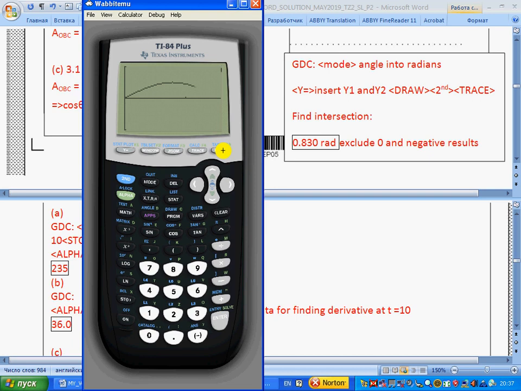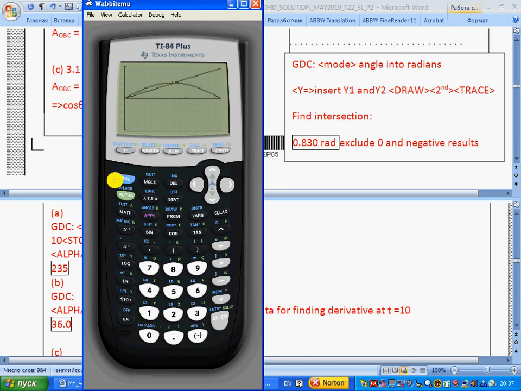So if you don't like your graph, go to standard and then adjust the values of the domain of x and then the values of range. And here we see it starts from 0, 0 is excluded, not included, and 1 intersection.